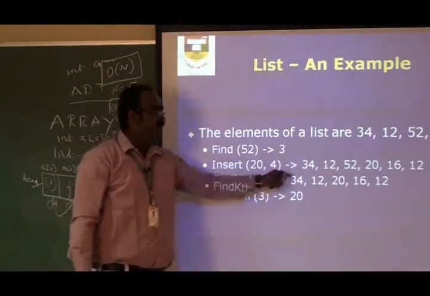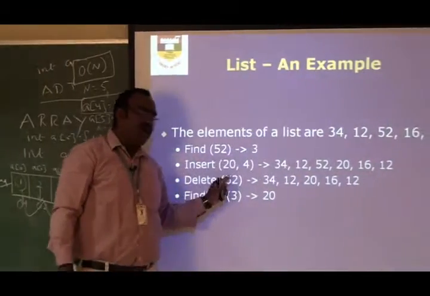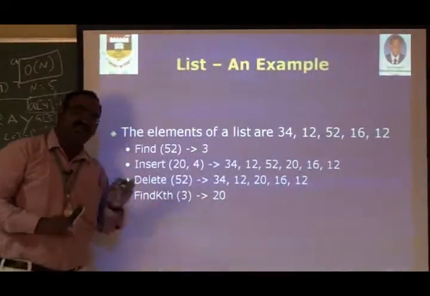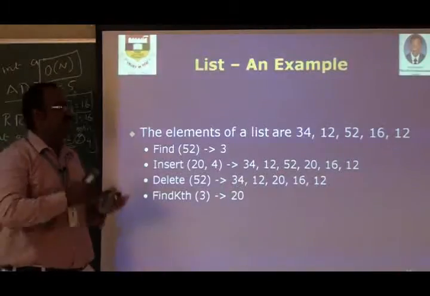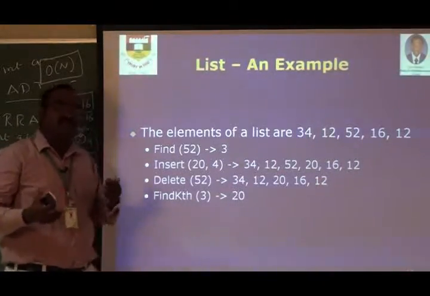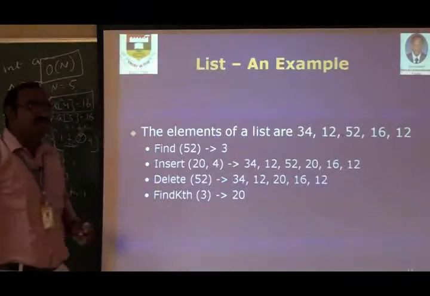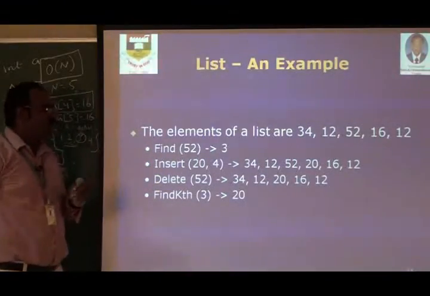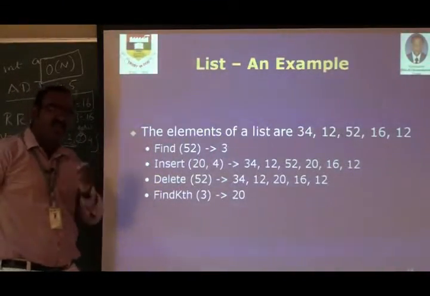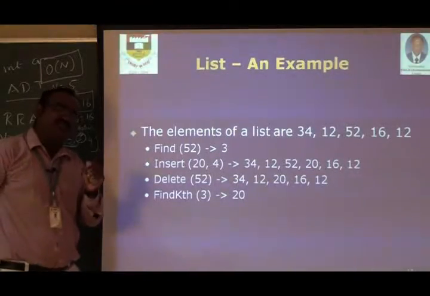So after 34, 12, 52, we insert 20. 16 moves to the fifth position and 12 to the sixth position. That's why the length of the list is now 6 after adding 20. Now we are going to delete 52. To delete 52, we have to find the exact position of 52.